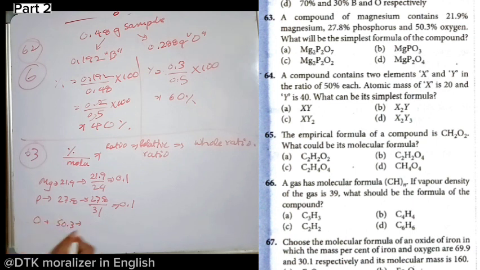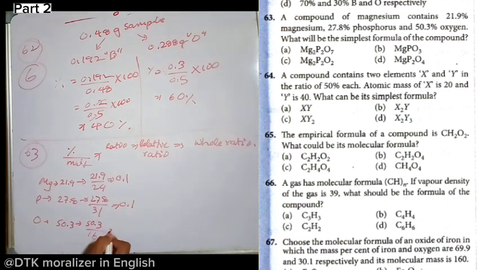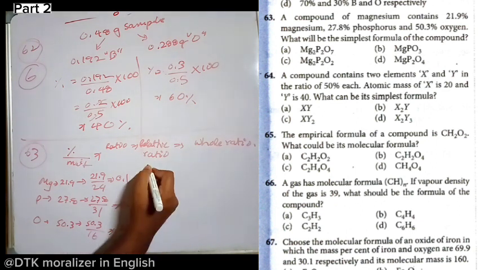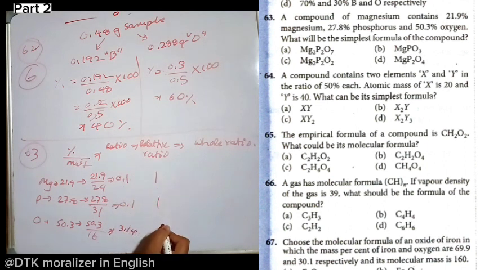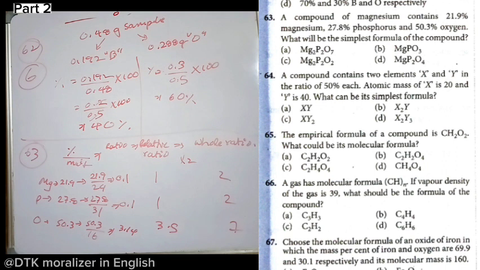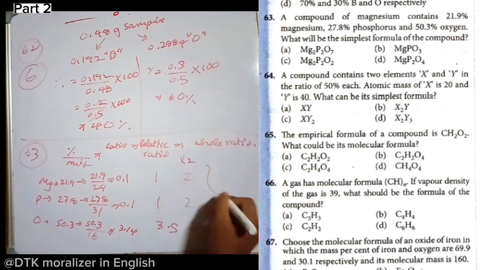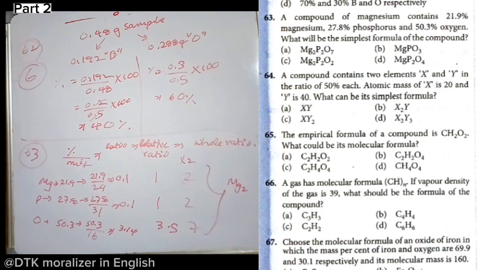For oxygen, the percentage by 16 is equal to 3.14. So now we are taking the relative ratio. Here 2 to 7 is the whole ratio. By this, as you can see here, Mg2P2O7.